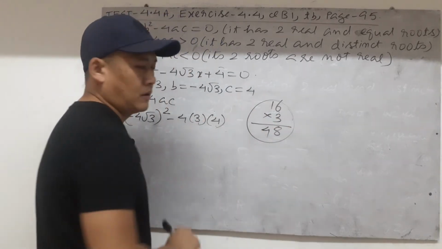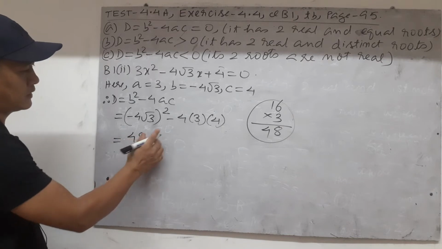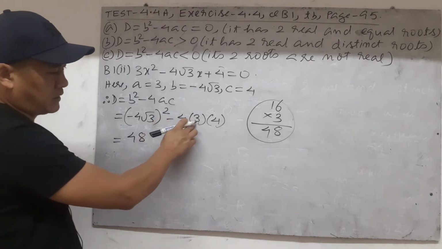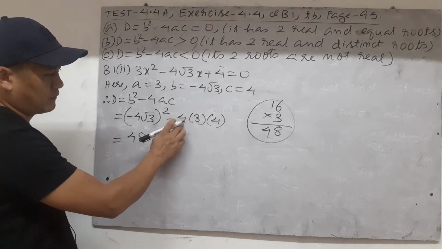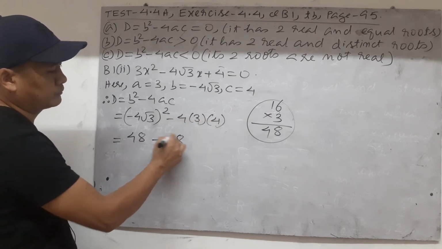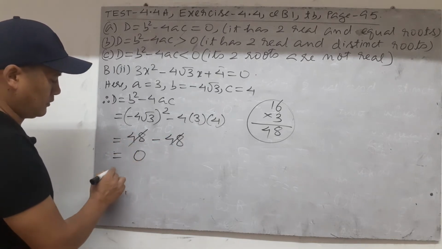You can write those things on your rough. Then plus 48, then minus into plus is minus. 4 3s are 12, 12 4s are 48. Plus 48 minus 48 is 0.